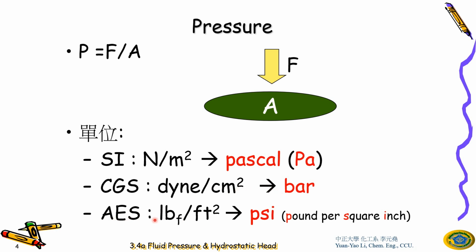In the American engineering system, we use pound force per square inch, PSI for short. So you can use Pascal, bar, or PSI. Once you use Pascal, you know this is the SI system, so the unit is Newton per square meter. And the CGS unit is dyne per square centimeter.